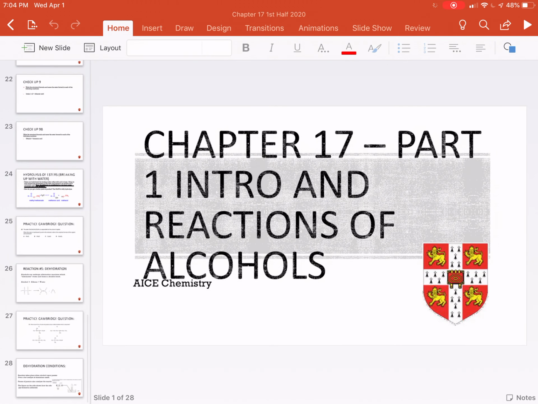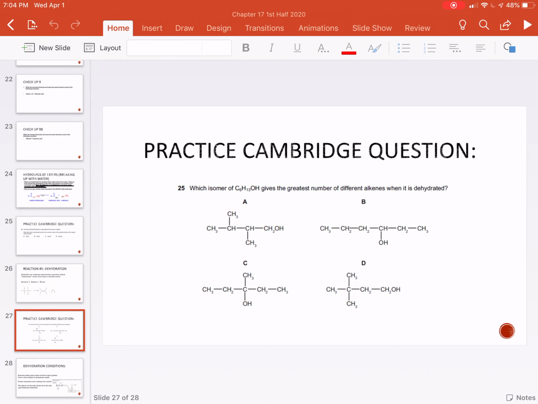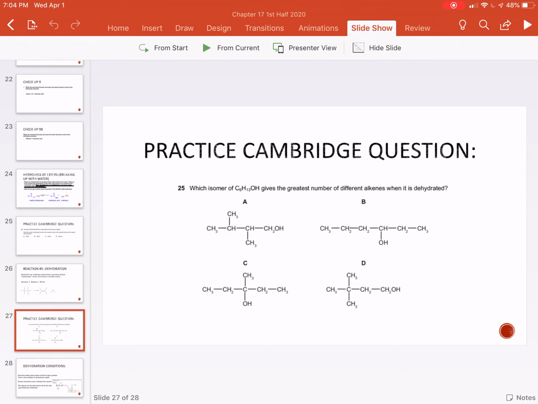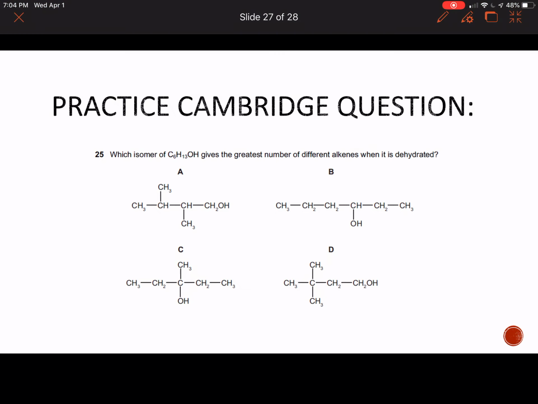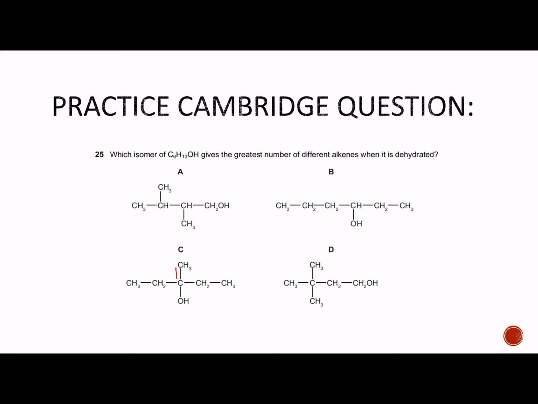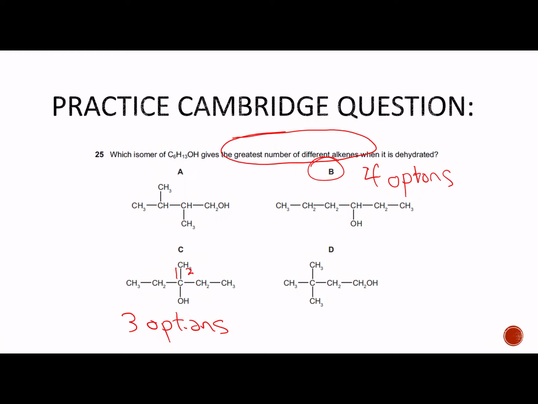Let's see. That was almost the last question. So the idea would be that there is no cis-trans here because this is CH2, but there are 2 cis-trans options in B. So this is actually 4 options, and this was 3 options. So when it asks greatest number of different alkenes, we do need to include stereoisomers.